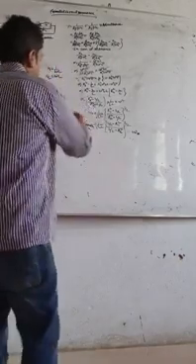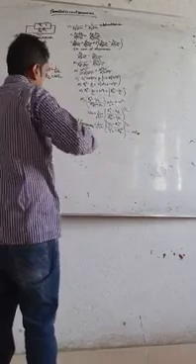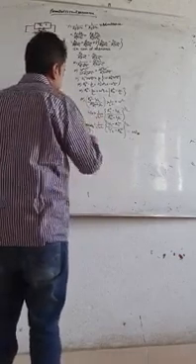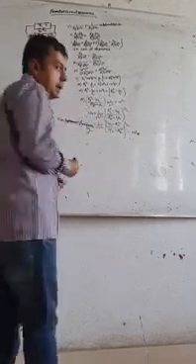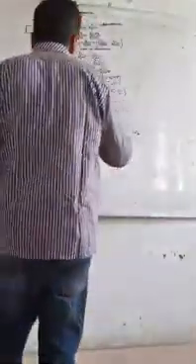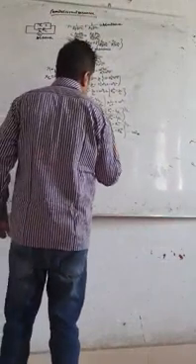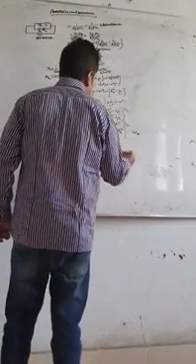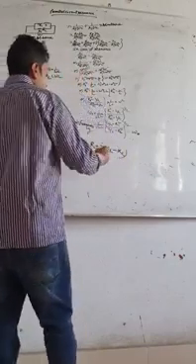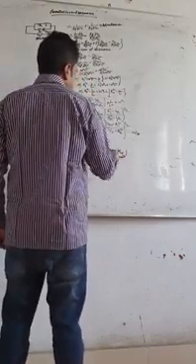In case of a series circuit, impedance Z is R plus J(XL minus XC). So the imaginary part is 0.